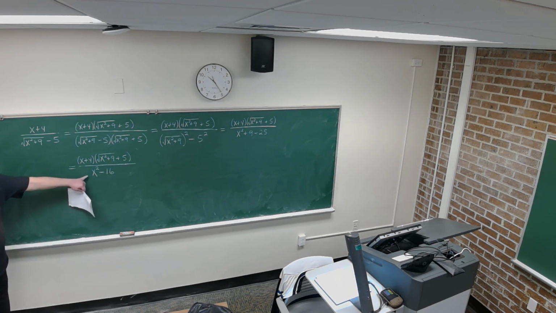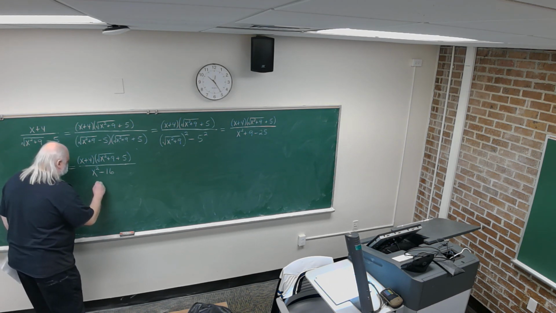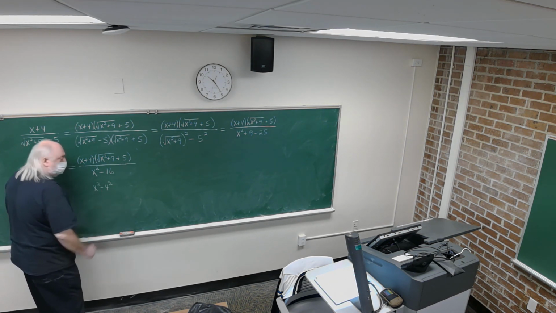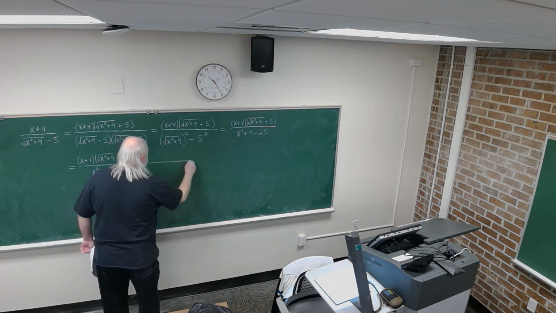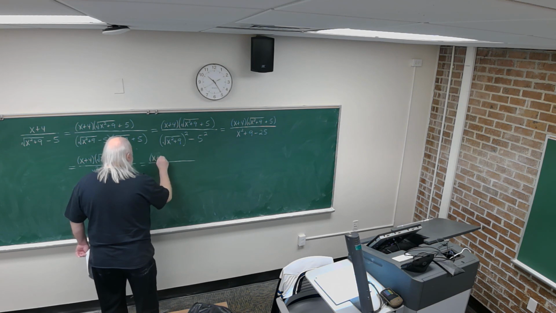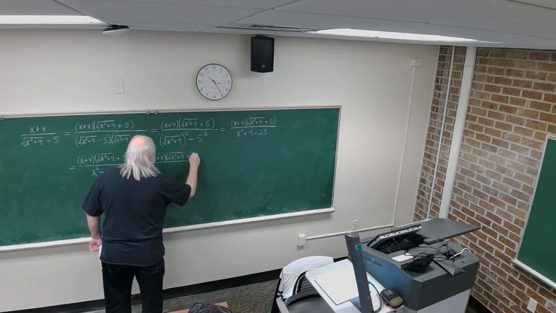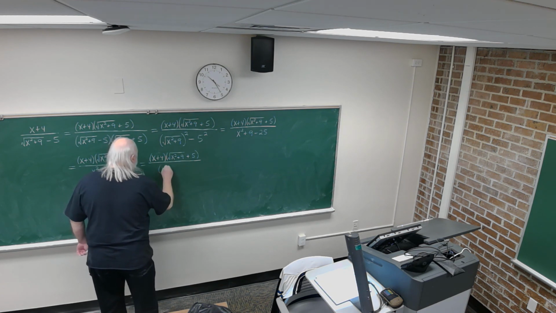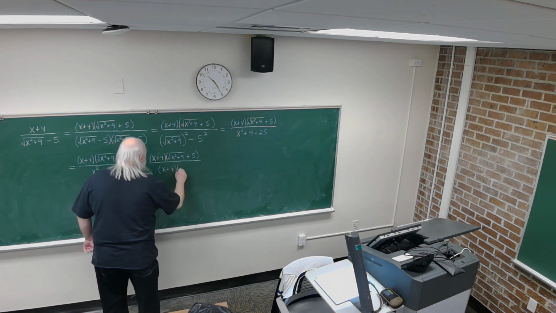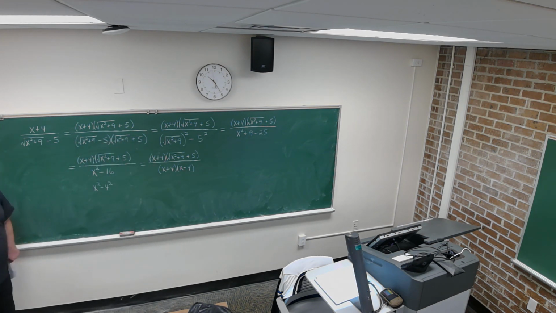And now you can see x squared minus 16 is a difference of squares. It's x squared minus 4 squared. So this is equal to x plus 4 times the square root of x squared plus 9 plus 5, and this factors in the denominator as x plus 4 times x minus 4, because it's a difference of squares.